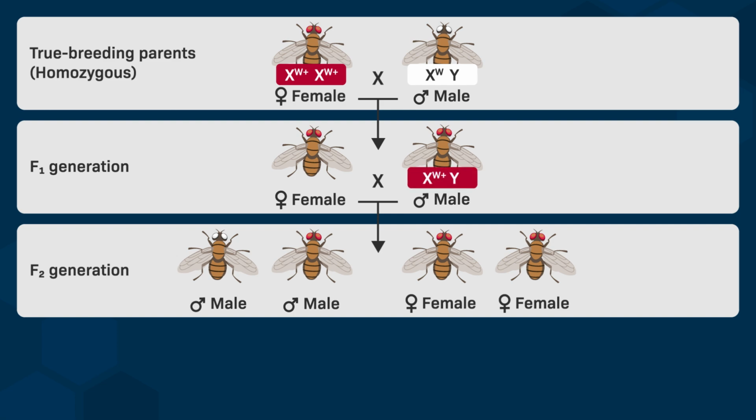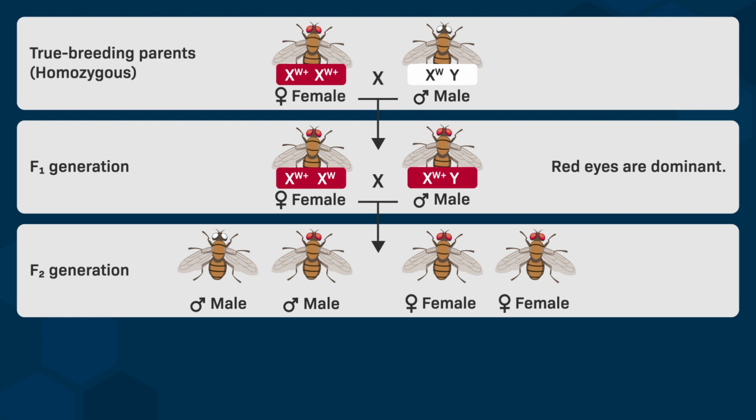The first are males that inherit one X chromosome from the mother. Since they inherit a W+ copy of the allele, they have red eyes. The others are females that inherit one X chromosome from the male and one X chromosome from the female. They therefore have red eyes as well. This indicates that red eyes are dominant over white eyes.